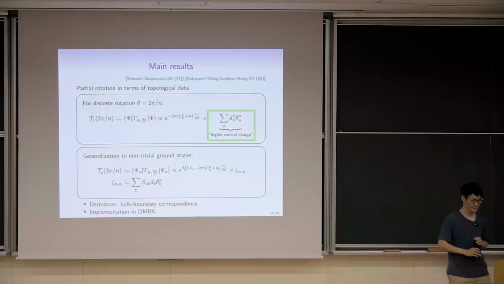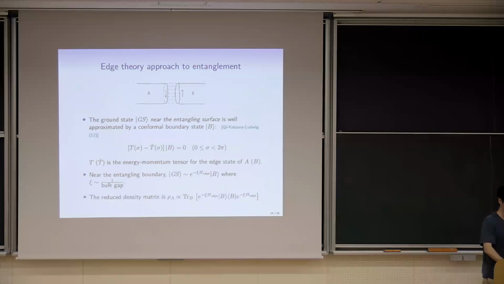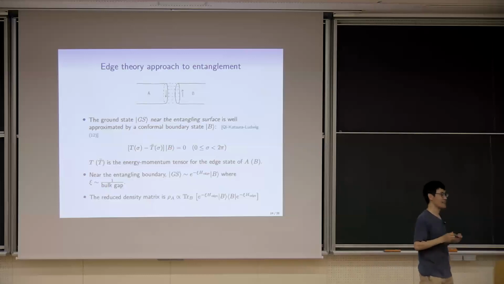I have a question. You showed the example of numerical calculation only with finite chiral central charge and finite higher central charge. Do you have an example in which the chiral central charge is 0, but the higher central charge is non-zero? Yeah, we are actually working on it.